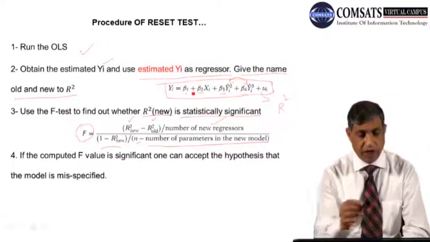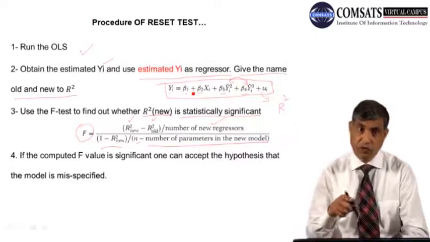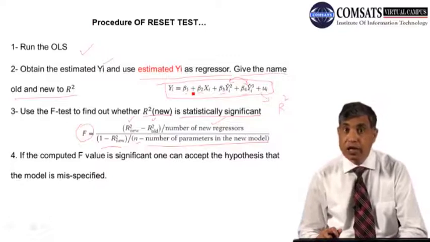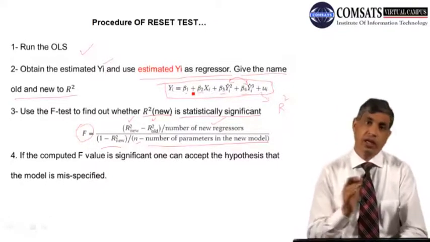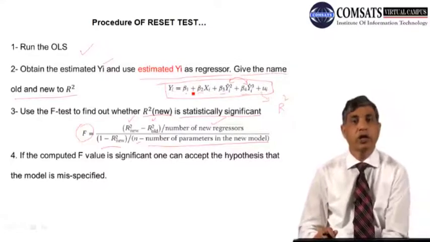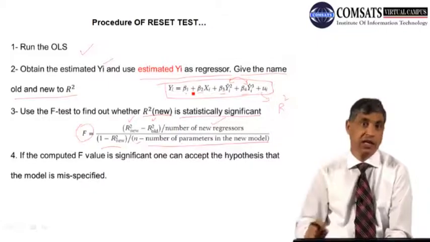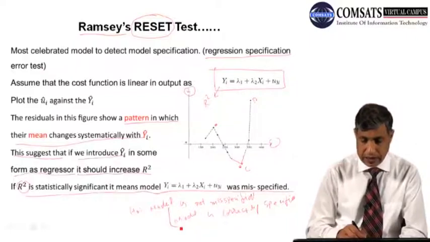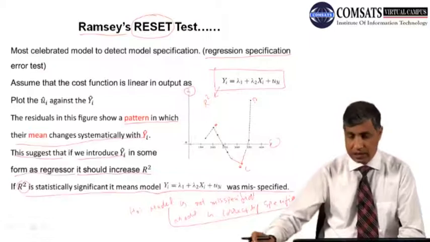Now, at the end, how to decide? If the computed F value is significant, you will reject the null hypothesis. Every time your calculated value becomes greater than the tabulated value, you reject the null hypothesis. But the formulation of the null hypothesis is very critical. Look at what the null hypothesis was: the model is correctly specified. So you rejected this null hypothesis.